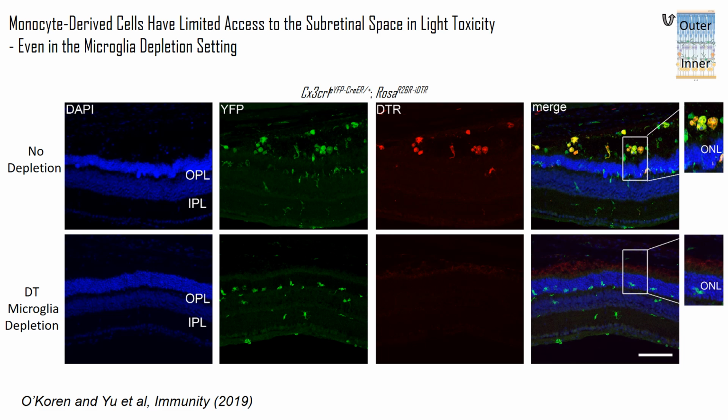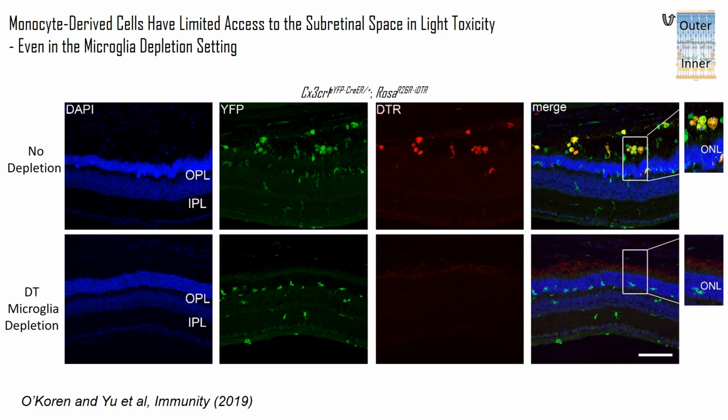Using a slightly modified lineage tracing system, which conditionally induces a diphtheria toxin receptor, which can be used for lineage tracing with immunolabeling or conditional depletion of microglia with diphtheria toxin exposure.